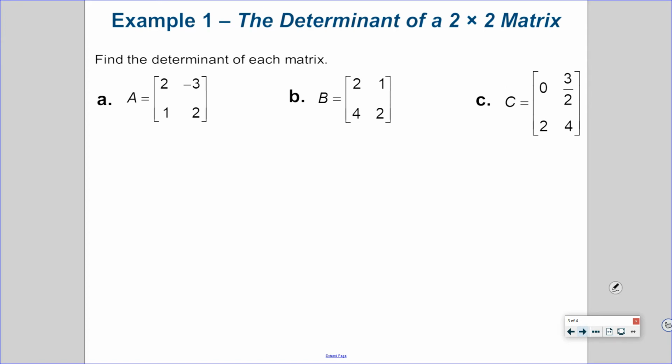Okay, find the determinant of matrix A. We're going to do 2 times 2 minus 1 times negative 3. What do we get, folks? 7. Yep, that's your answer.